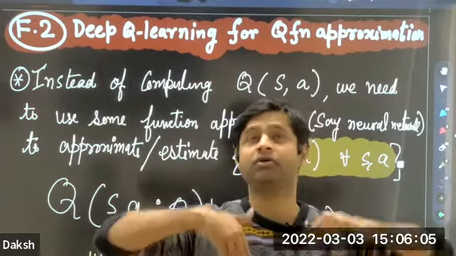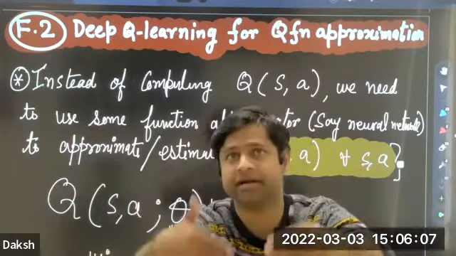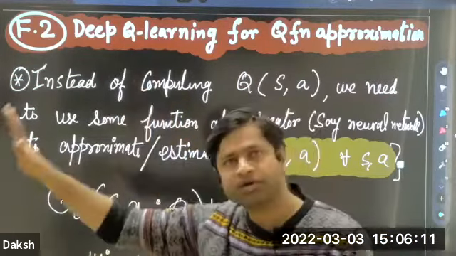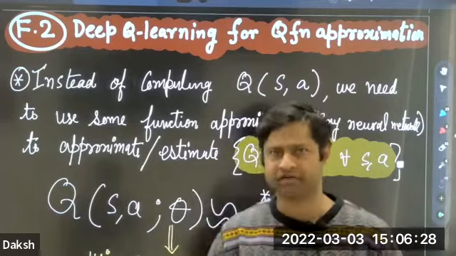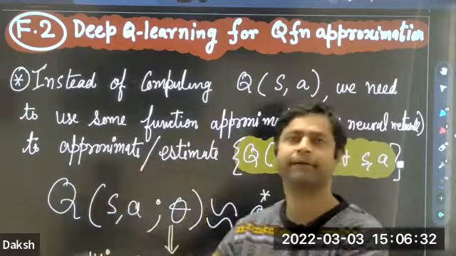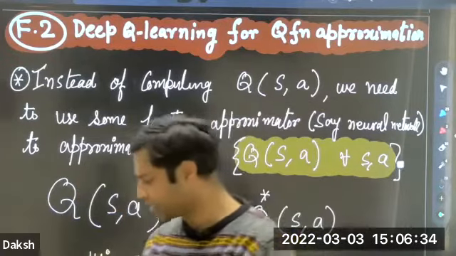So you start to approximate, instead of computing the value function or Q function, directly approximate it. And who is the best approximator we know? Neural networks. So that is why we are going to use neural networks to approximate the Q function for us, and that is why it is called deep Q learning. That is what we are going to see in our next lecture.